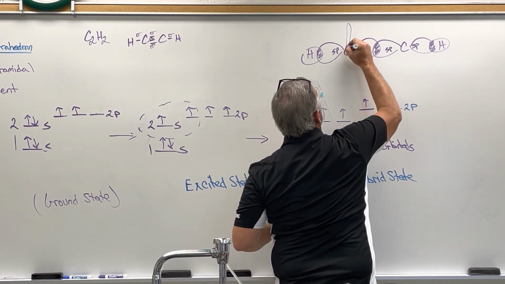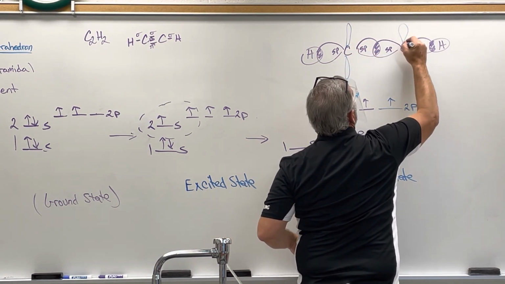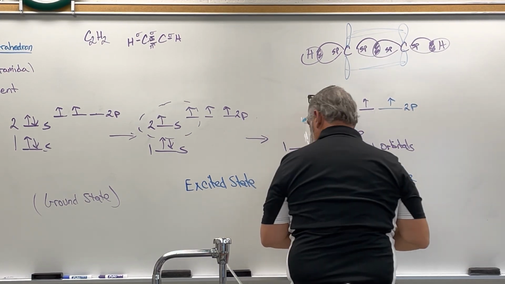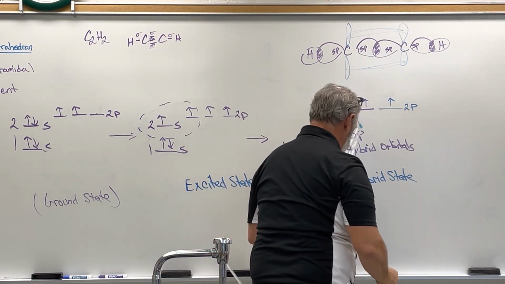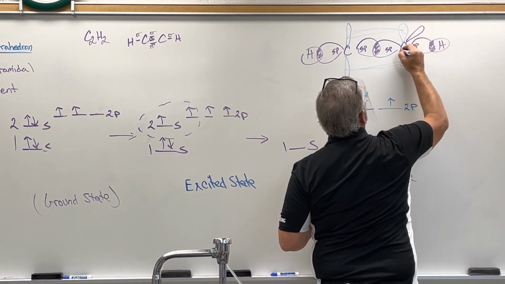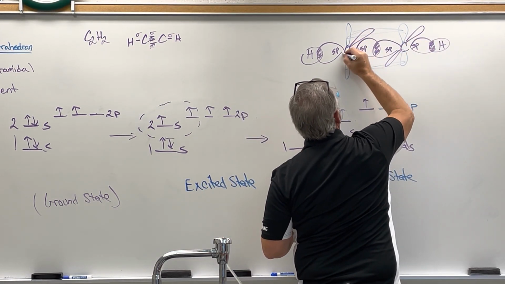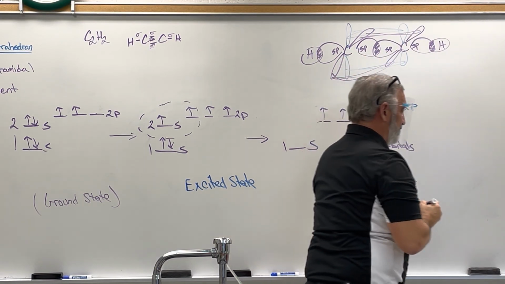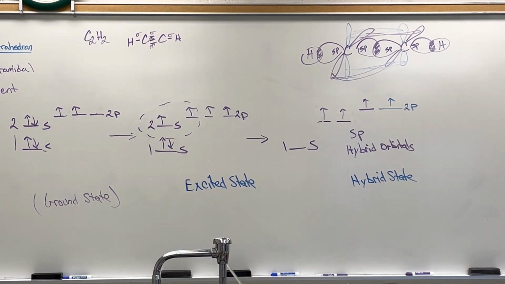So you're going to get a p orbital above. And so they're going to overlap here. Then we're also going to get, I don't have any other colors, p orbital in and out of the board. They're going to overlap in front and behind. Now that drawing is very difficult to see.